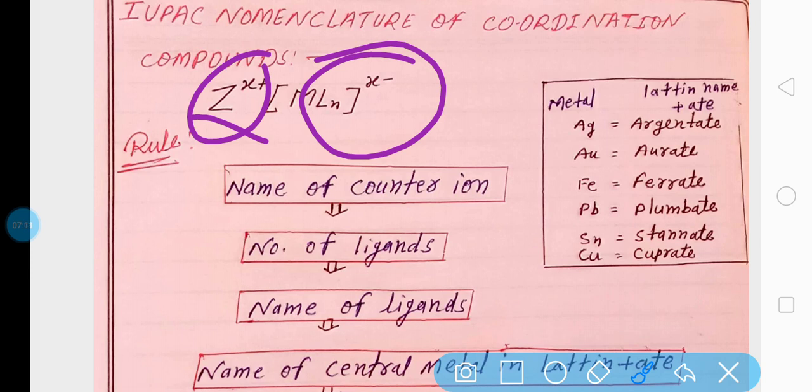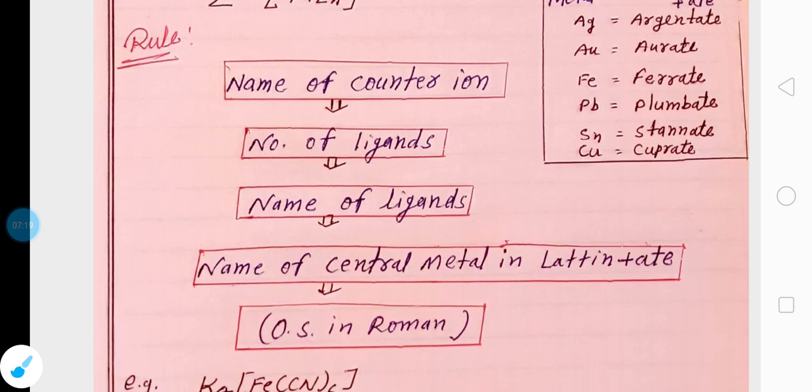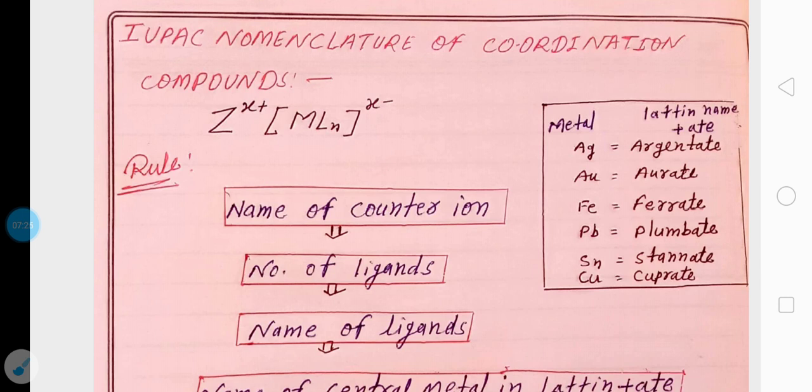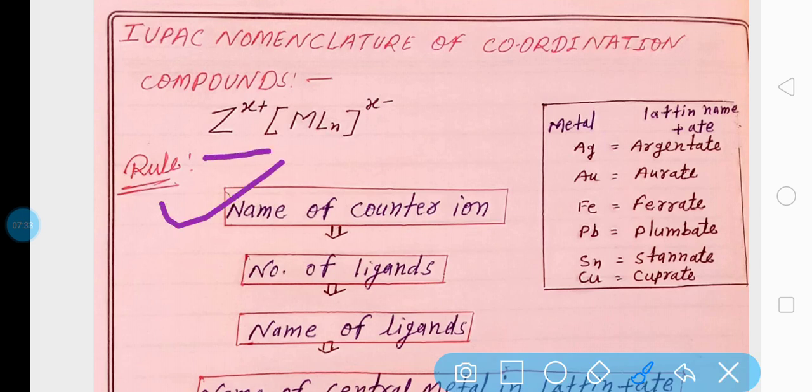So in that case we have to follow this sequence of rule. So see what are the sequence. Firstly, you have to write down the name of counter ion. Positive counter ion is there. So firstly you have to write down the name of counter ion.